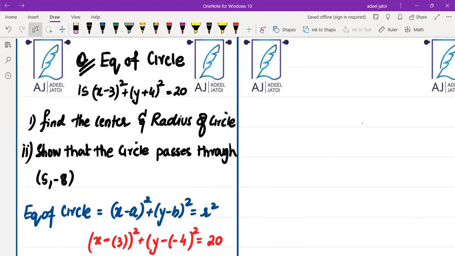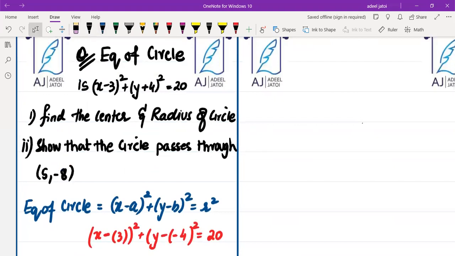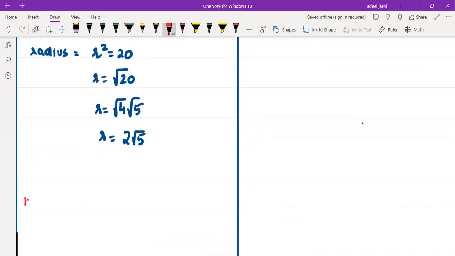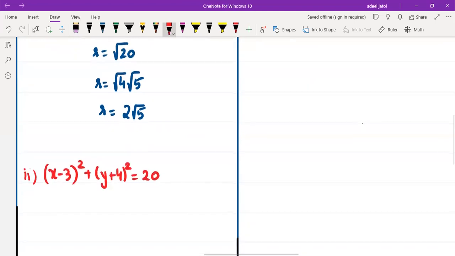Now it says show that the circle passes through (5, -8). That means 5 and -8 are the points. So considering this, can we say that for part 2, the equation of the circle is (x - 3)² + (y + 4)², which is equal to what? 20.